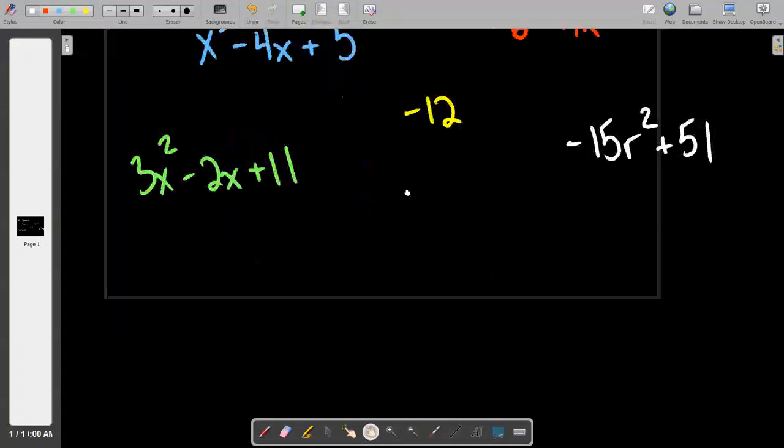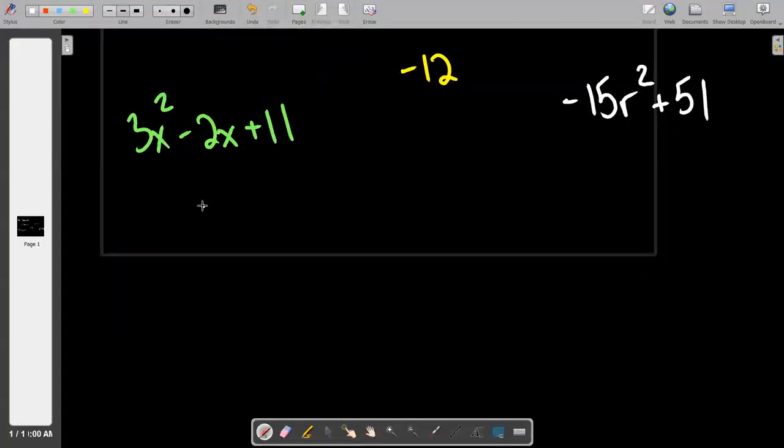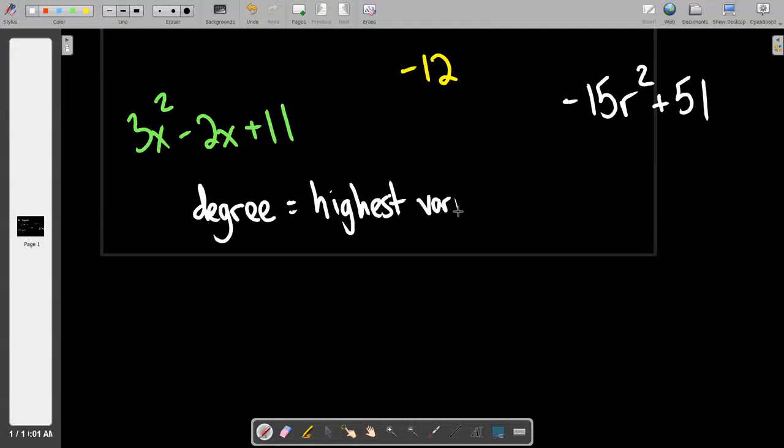Some words that you're going to hear a lot. The first one is degree. The degree of a polynomial is defined as the highest variable exponent.